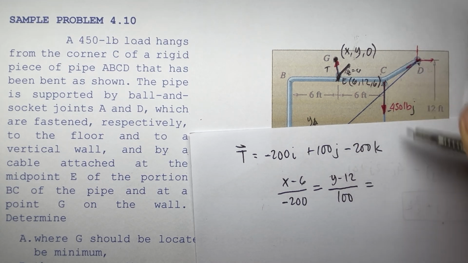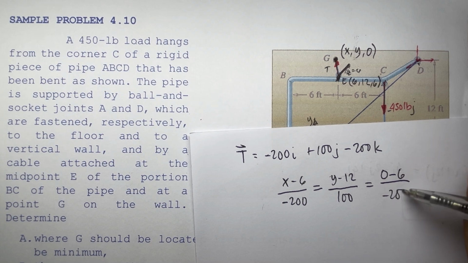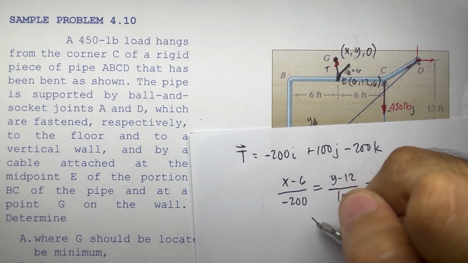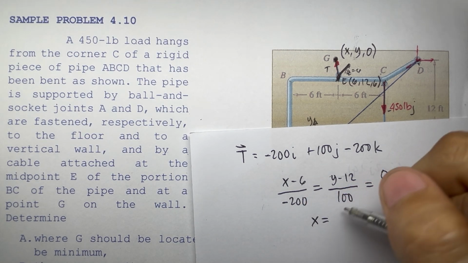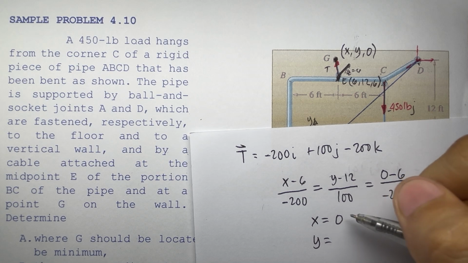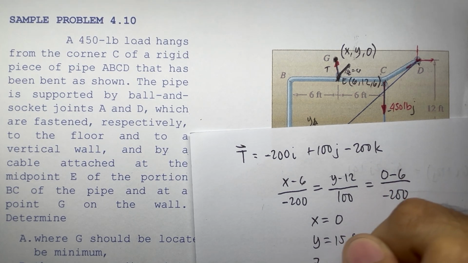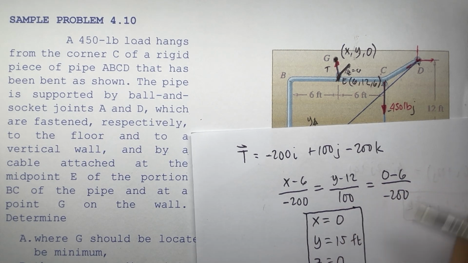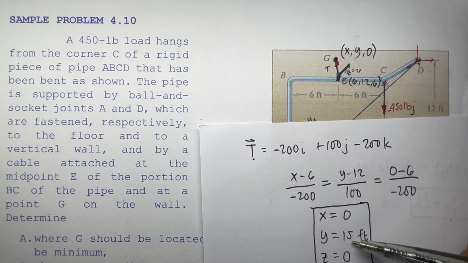That is equal to z2 minus z1, which is 0 minus 6, over its proportion, negative 200. Using this expression, we can get x equal to 0, y equal to 15 feet, and z equal to 0. So in order for our tension to be minimum, our G should be located at points 0, 15, and 0 along the x, y, z axes respectively.